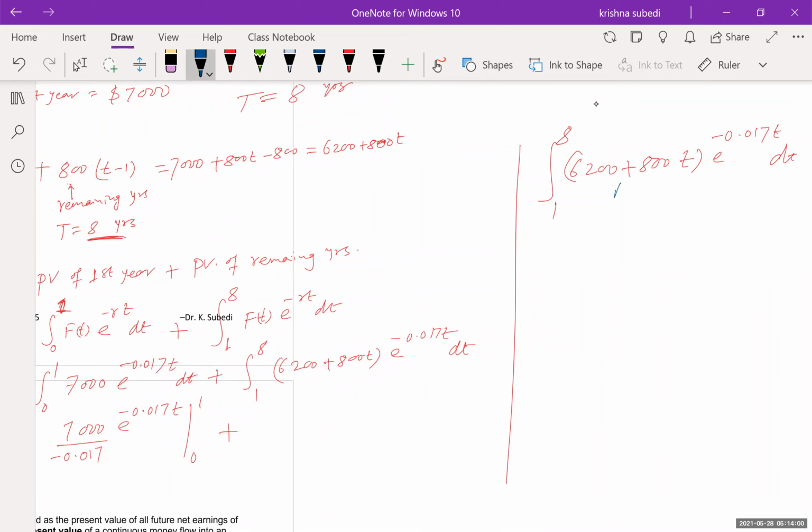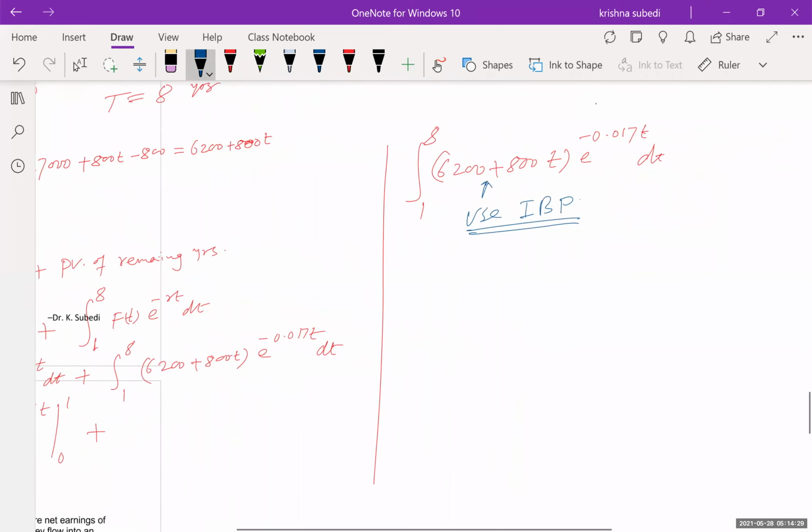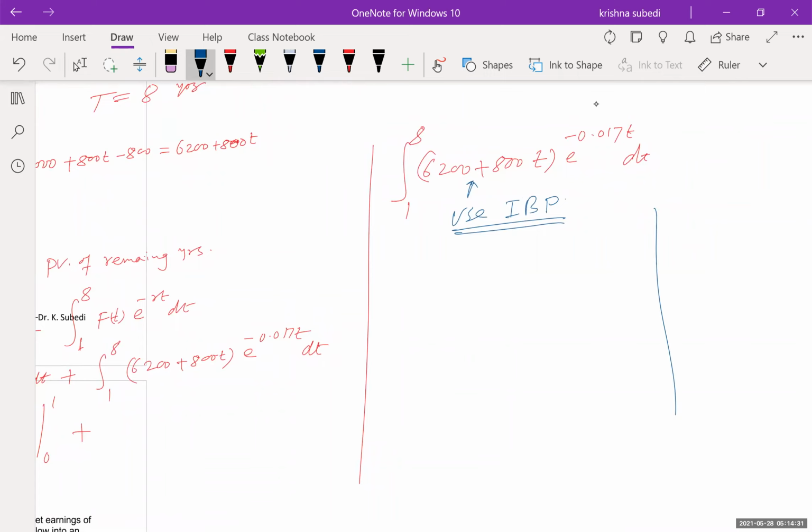So let us evaluate this. Notice that this one is your algebraic function and that one is exponential. There are two functions multiplied, so what method are we going to use? Use IBP, integration by parts. You can do it two ways. You make a table.